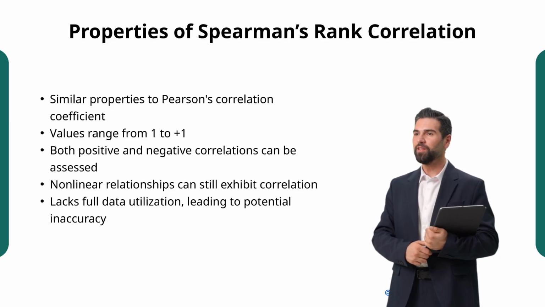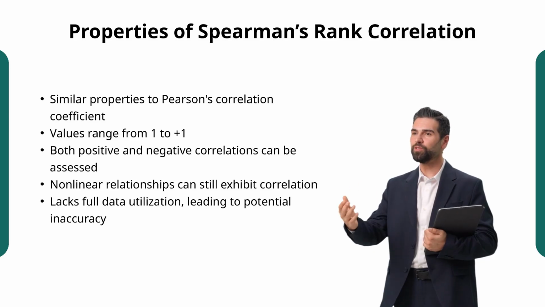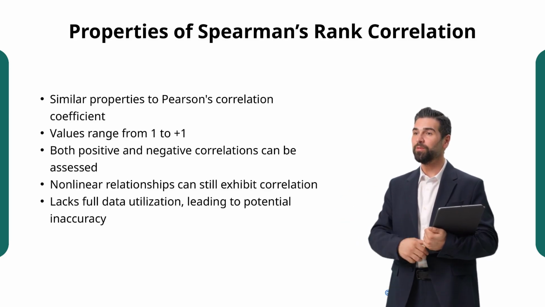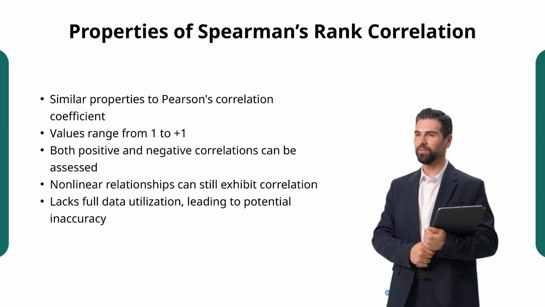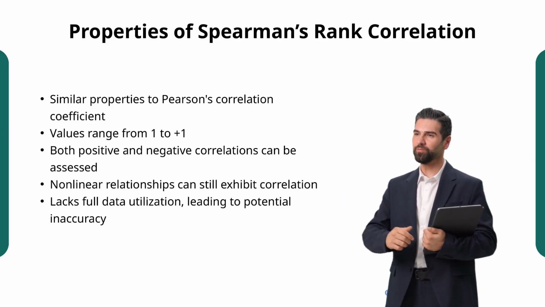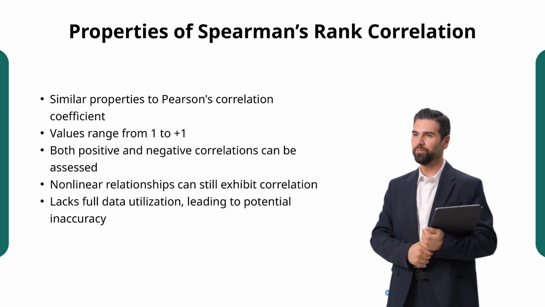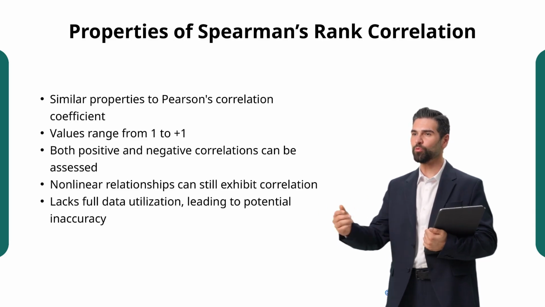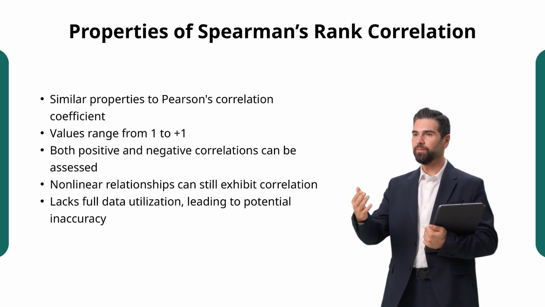Spearman's rank correlation possesses several properties similar to Pearson's correlation coefficient, which is reassuring for one. Both coefficients range from -1 to +1. This means that interpretations of their values align. A perfect positive correlation, +1, means ranks move together in unison, while a perfect negative correlation, -1, signifies they move in opposite directions.